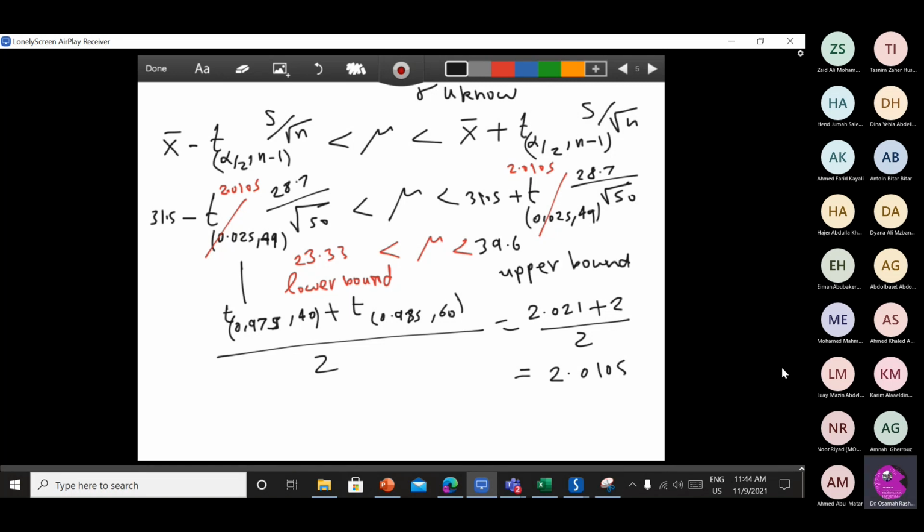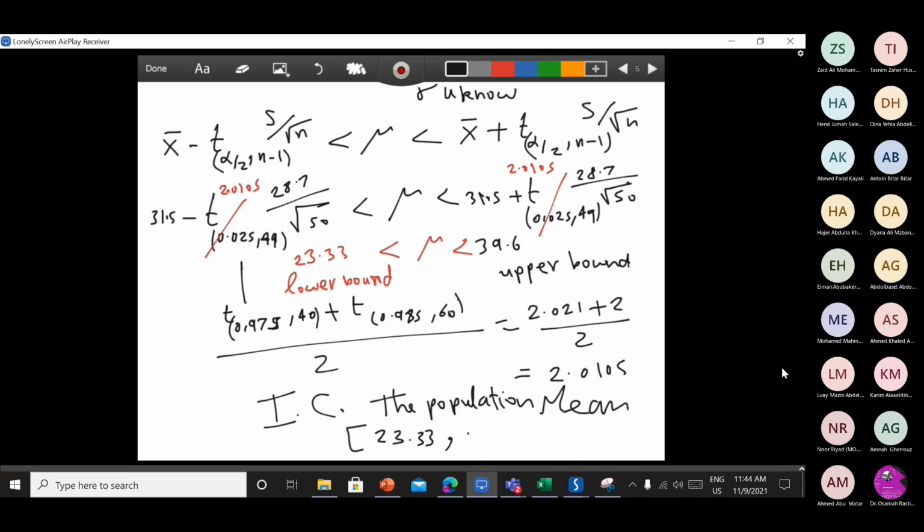So the population mean interval of confidence, they write it like this sometimes, right? Between 23.33 and 39.6. That's it.